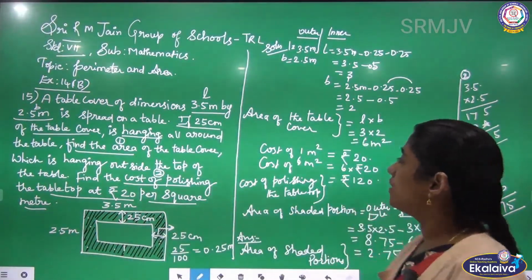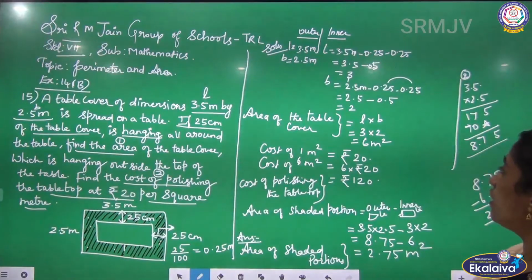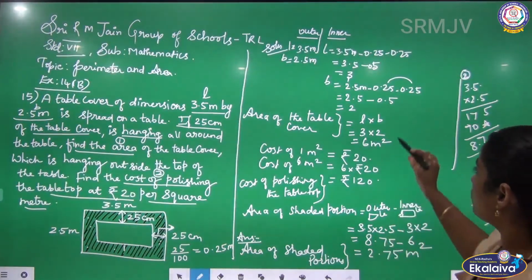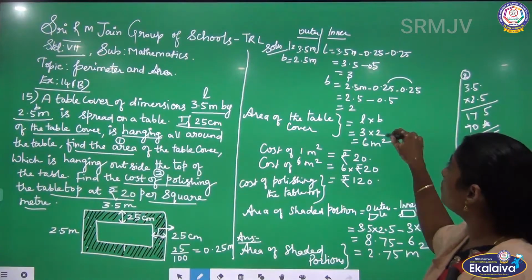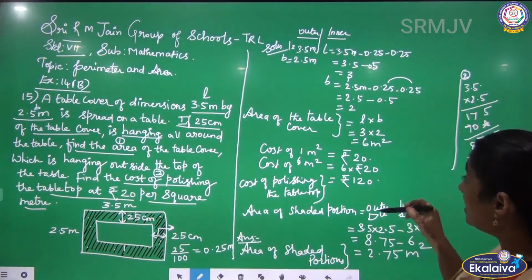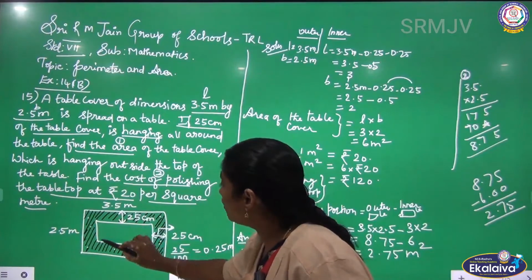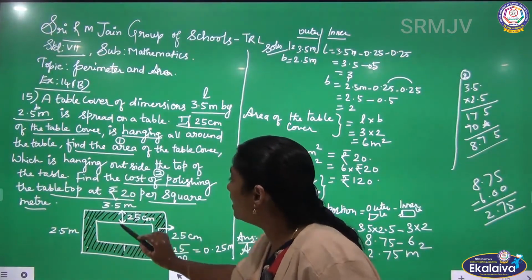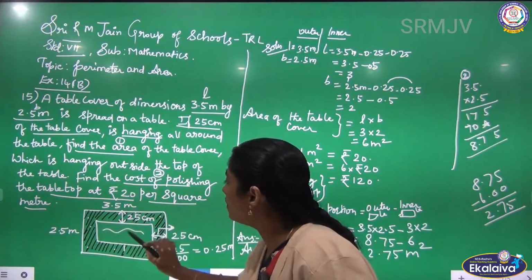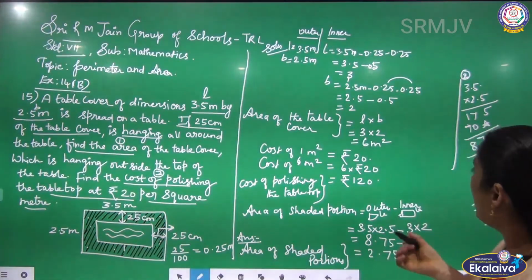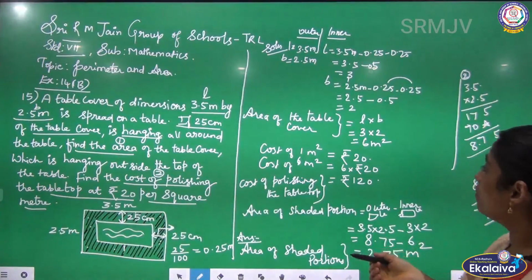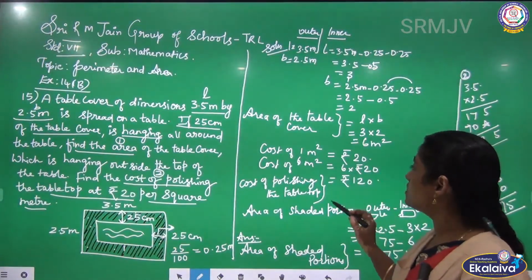The first step, area of the table cover, I just multiplied these two things. This is your table cover. See this inner part, that is your area of the table cover. Got it? That is 6 meters square. And I am going to find out the cost, where 1 meter square is 20.